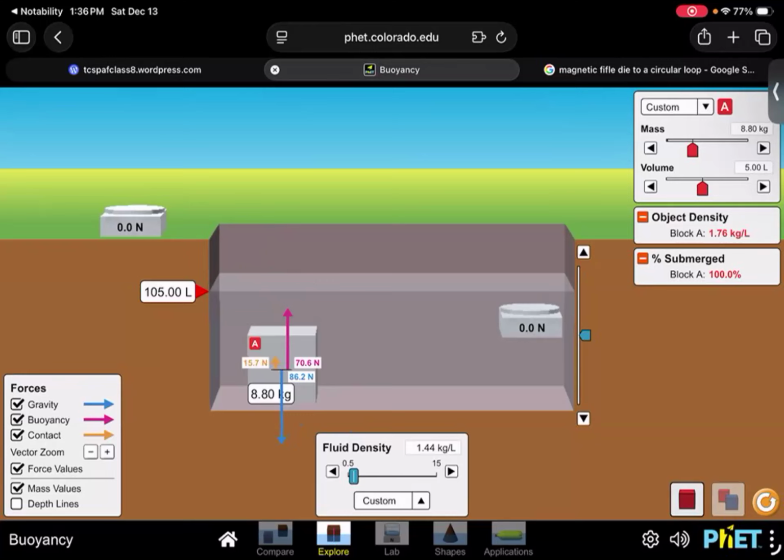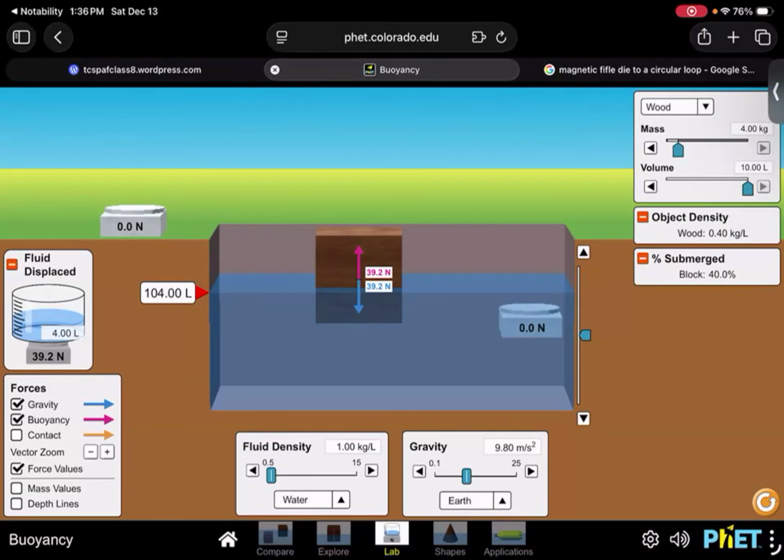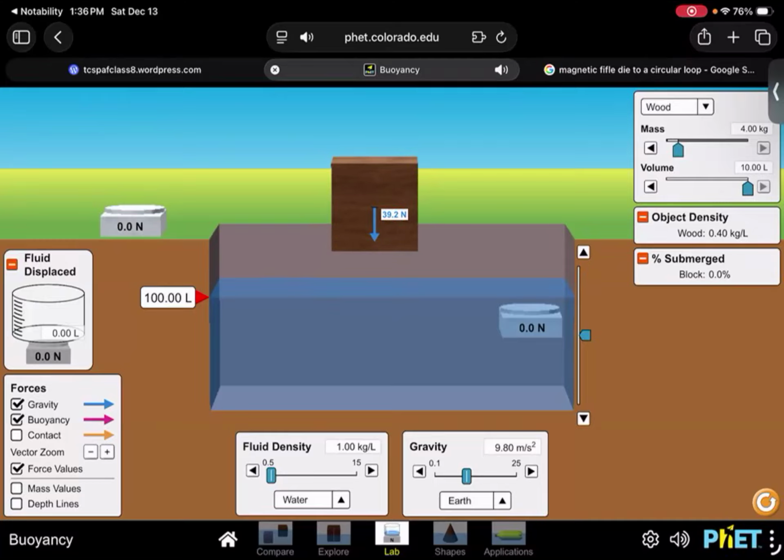Okay, now what is determining these blue forces, these upthrust forces? You noticed over here on the left side that there is a fluid displaced parameter as well. As I take out the block, the fluid displaced is 0, because there is no extra fluid displaced.